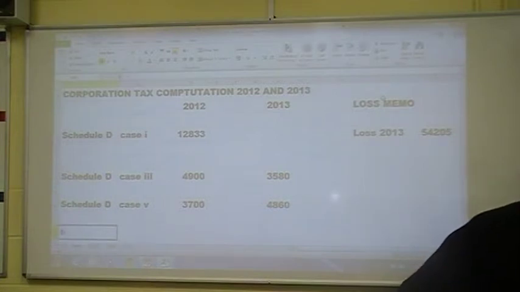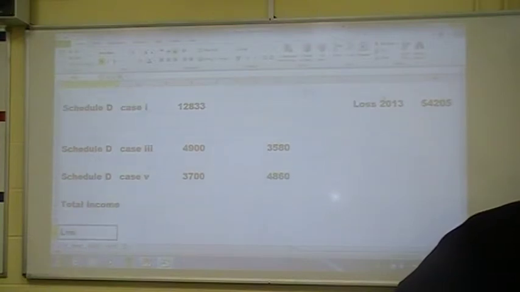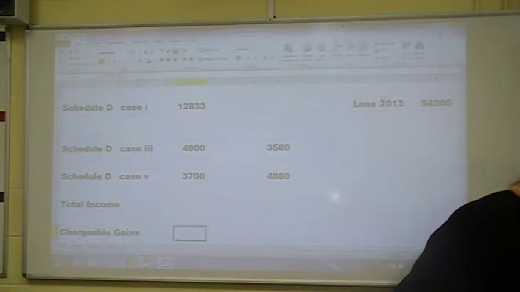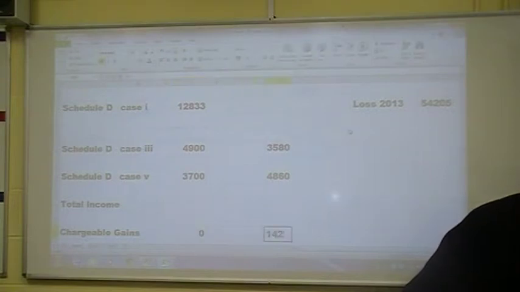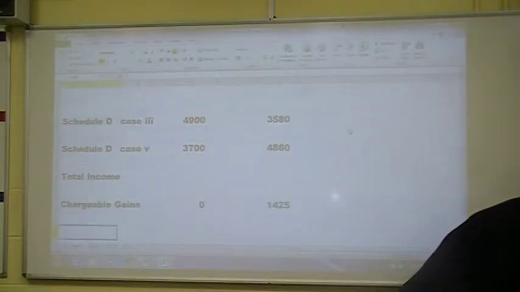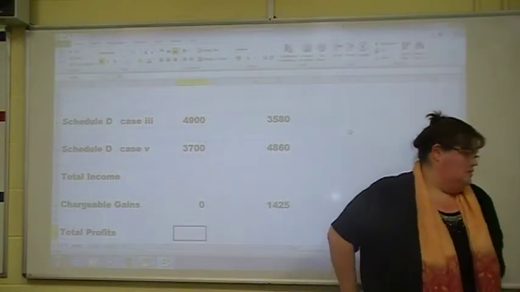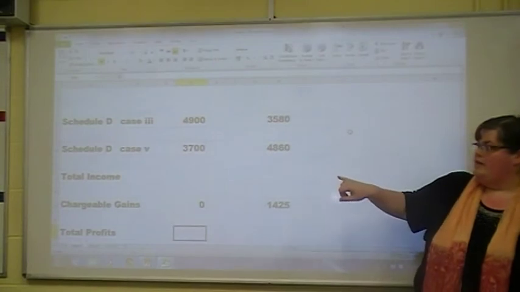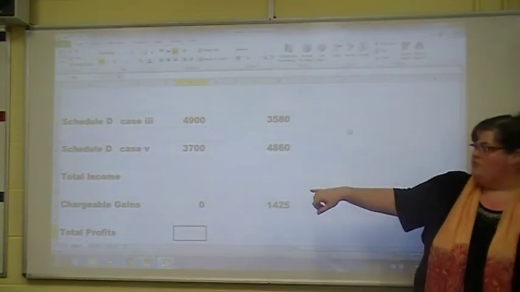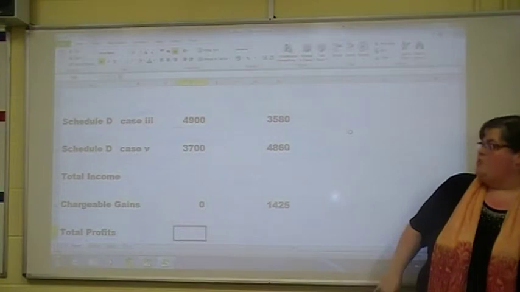That gives us our total income. Chargeable gains then, we've done that year, and we want 425, giving us our total profits. So you have all your cases of income giving your total income, then your chargeable gains are put separately, which gives you your total profits.